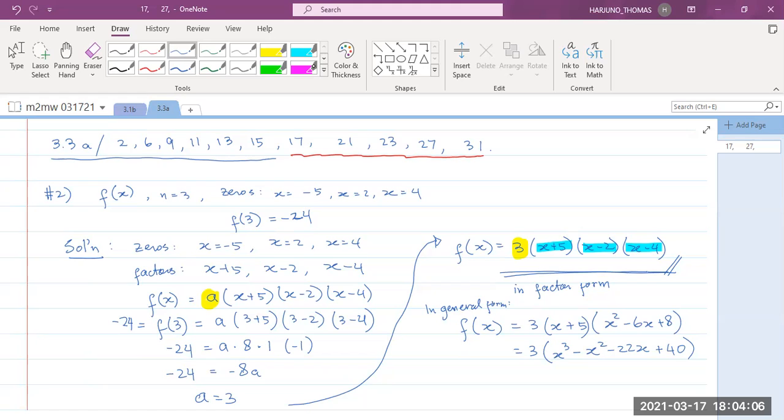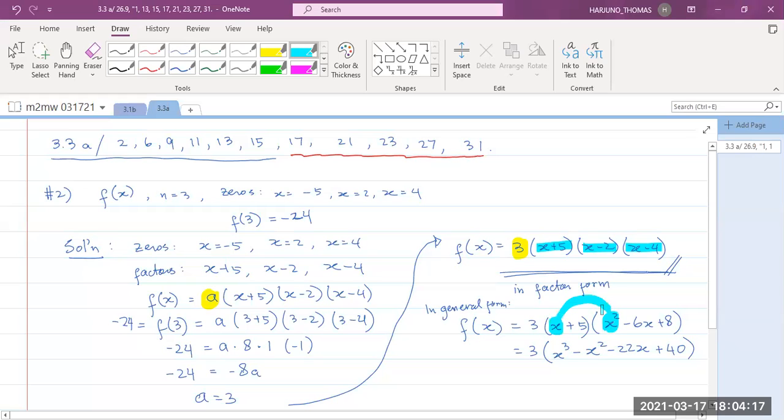Now, you may wonder how I can do it that fast without writing anything. Let me show you, only for those people who pay attention, or who really focus on my lecture. My x cubed is easy. It must be x times x squared. That's the only way to get x cubed, right? Now, how do I get that negative x squared? I get the negative x squared by imagining the following situation. The ways to get x squared are 5 times x squared, that's 5x squared, and x times negative 6x.